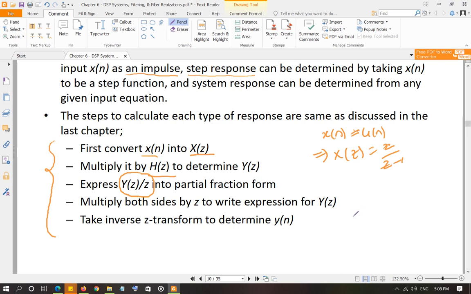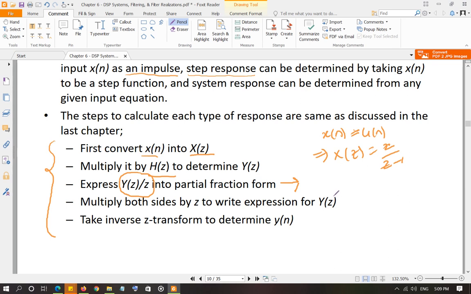And then you create the partial fraction of Y(z) over z. And again, remember, if I ask you to show complete work, that means you have to show me the work for the partial fraction, as in how you create it. So I'm not asking you to use the residue function in MATLAB and just copy that and say, hey, this is the work of partial fraction.